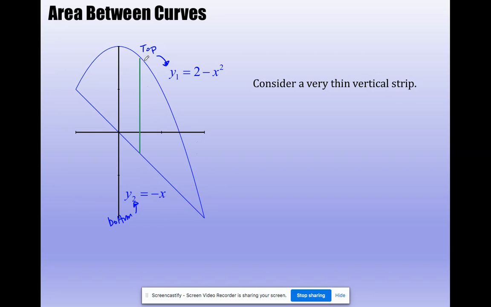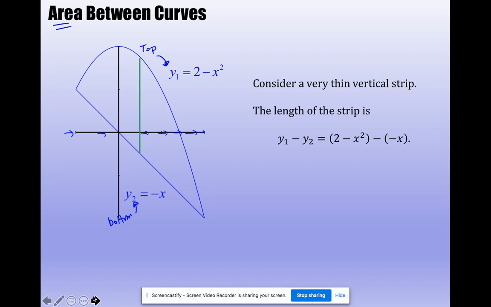Sometimes my strip is very long, like here. Sometimes it's short again here. But as you move across the domain, you have a bunch of thin vertical strips that will cover the area between those two curves.